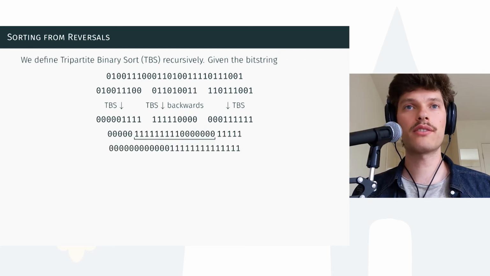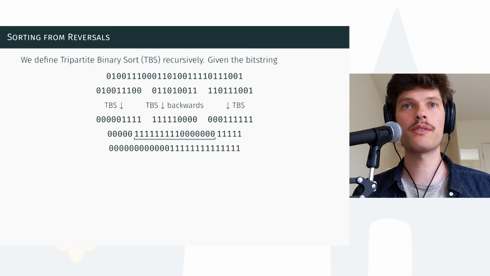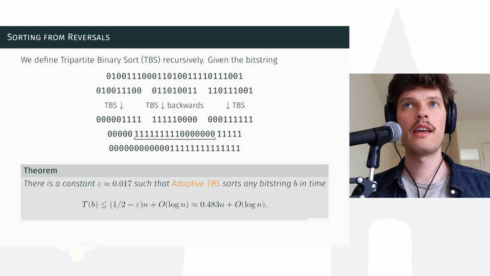Then if you look at this closely, you can see that we can sort the result using just one reversal. So this is the merge step of this recursive algorithm. And now we show that we can actually implement this quickly because there is a constant epsilon, approximately 0.017, such that adaptive TBS, which is a slightly modified TBS, sorts any bit string B in time (1/2 minus epsilon) times n, plus subleading logarithmic terms.